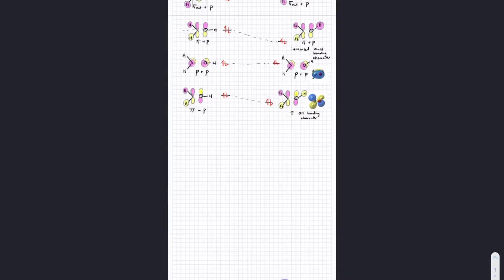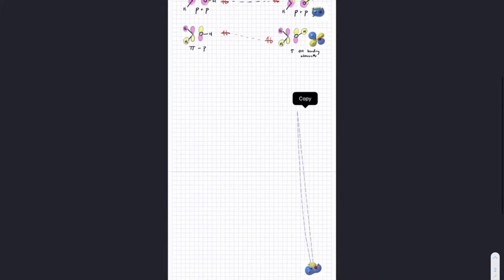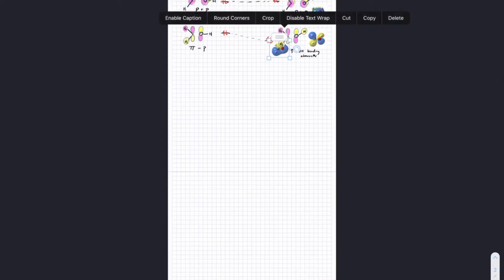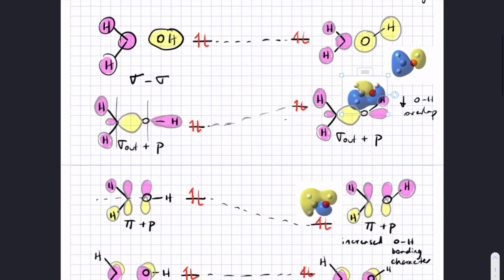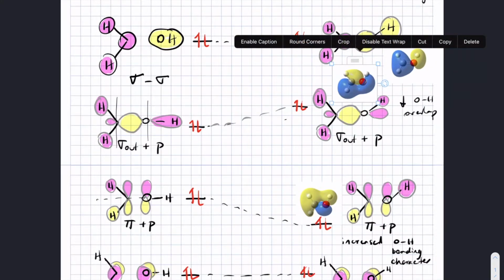It kind of looks to me like that one goes there, and then maybe this one is the sigma out. It looks like it's distorted, honestly.